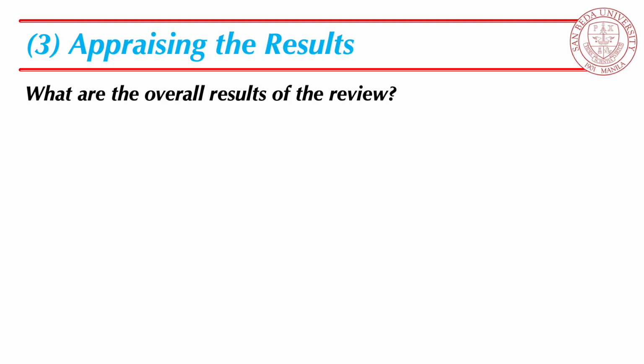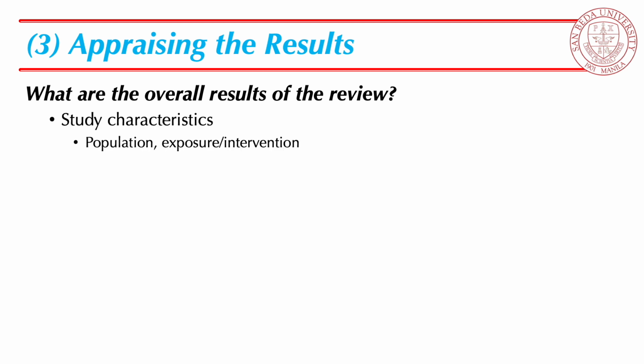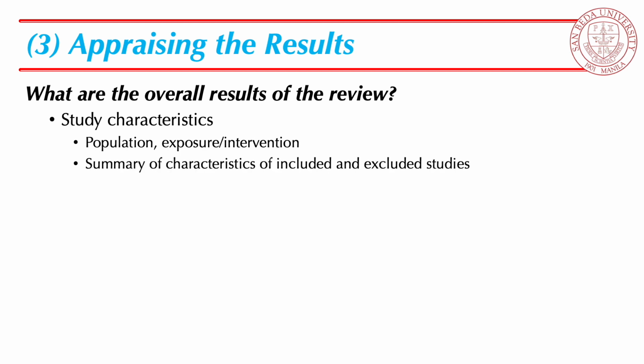We now move on to appraising the results. We start off with first getting an overview of the SRMA findings. In addition to descriptions of the population and intervention or exposure of interest, all systematic reviews and meta-analyses should present a qualitative summary of the characteristics of the included and excluded studies.